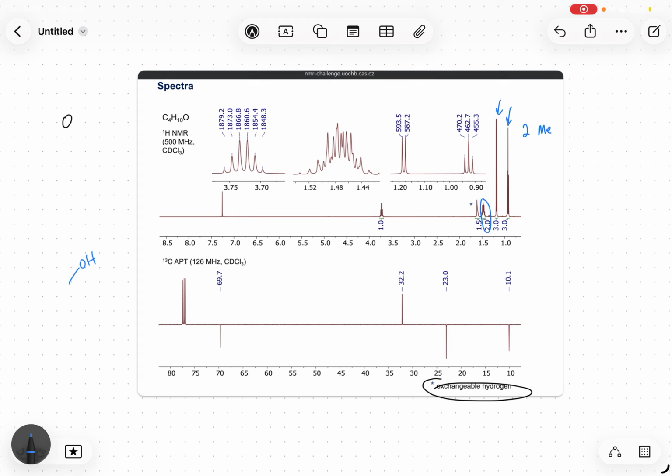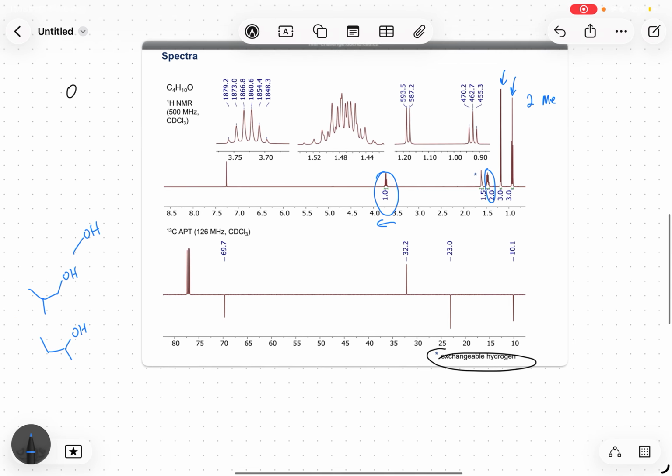And you have a 2 hydrogen peak here, so that's probably your CH2 group, and you have a single proton here, and that single proton is quite highly shifted, highly deshielded, so that's probably one that's quite close to the oxygen. So keeping that in mind, we only have 2 options that we can choose from because we need to have 2 methyl groups. So the first option is this, and the second option is this.